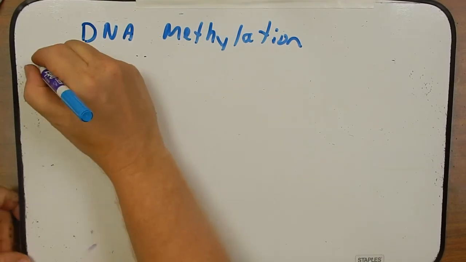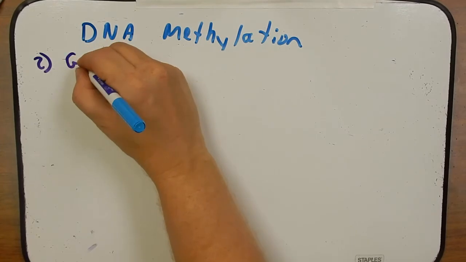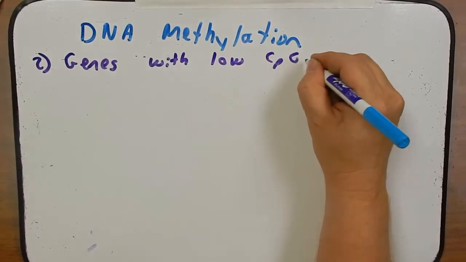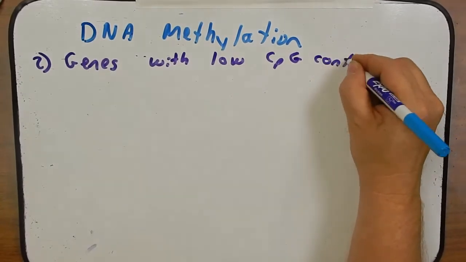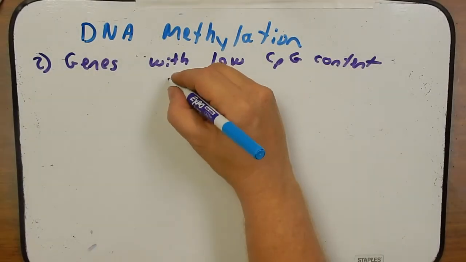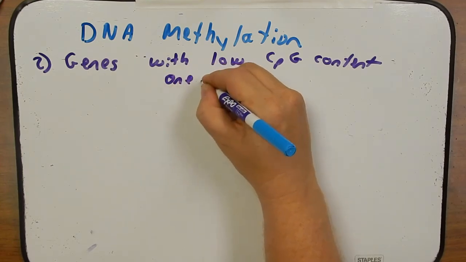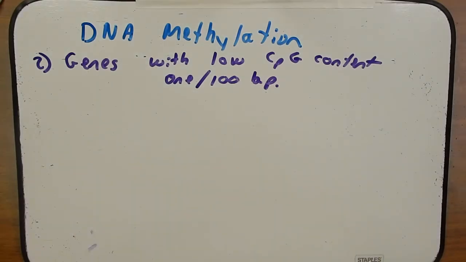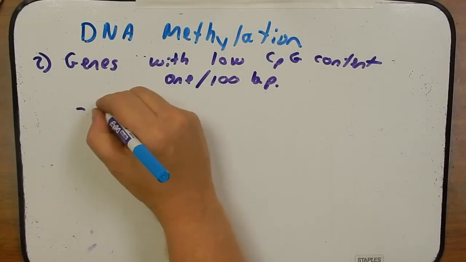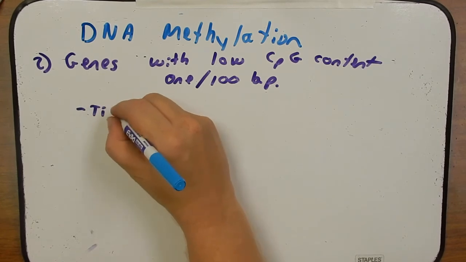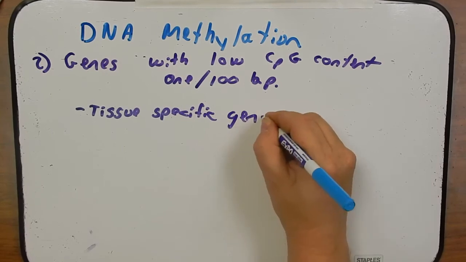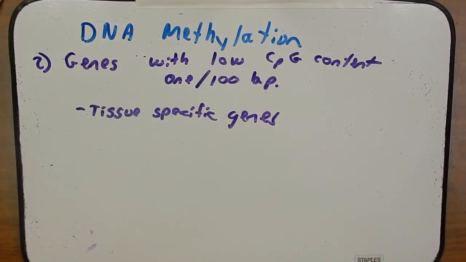The second class are genes with low CpG content. And by low, I mean about 1 per 100 base pairs would have these CpG repeats. This is usually seen in tissue-specific genes. Those genes that are expressed in one tissue but not the other tissues.